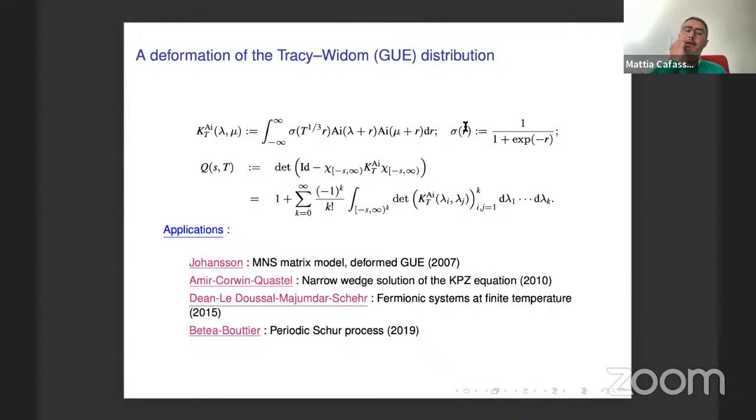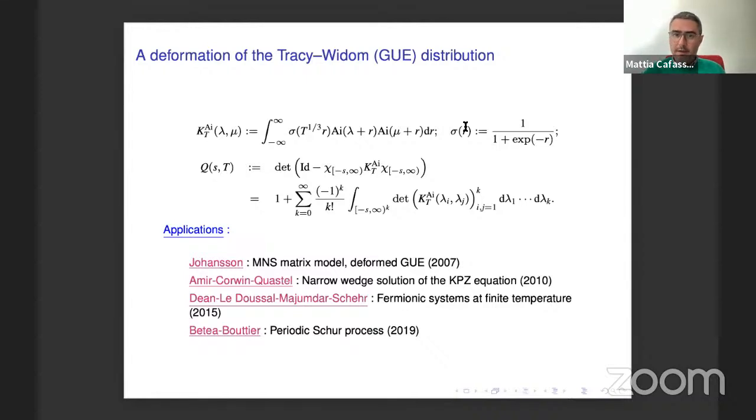But actually, in the first approach, the one that we used with Giulio and Tom Claeys, you can take sigma more general, okay? And for instance, you can take as sigma the indicator function of 0 to infinity, okay? And in this case, what you obtain is exactly the Painlevé 2 equation, the classical one.